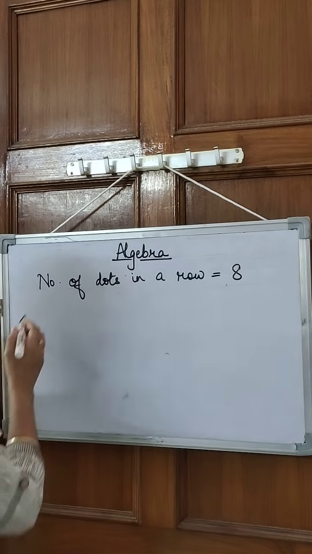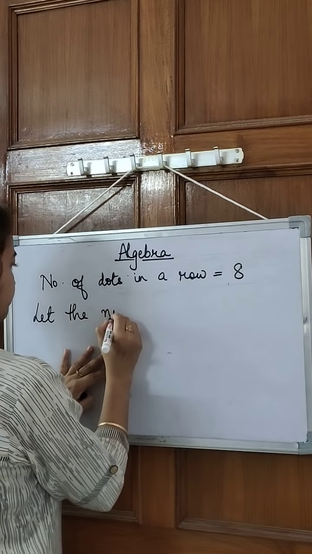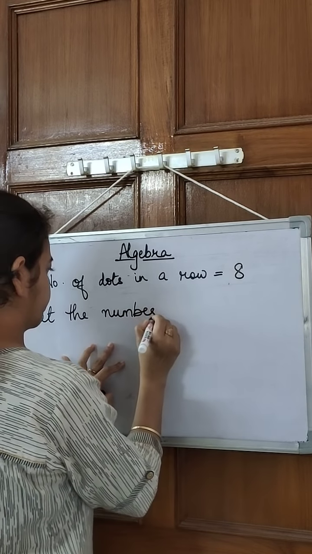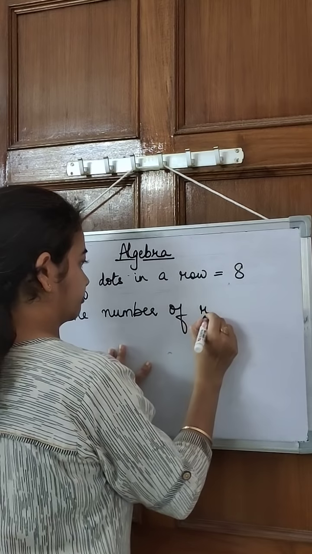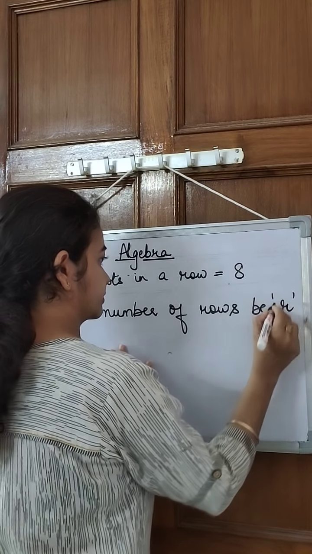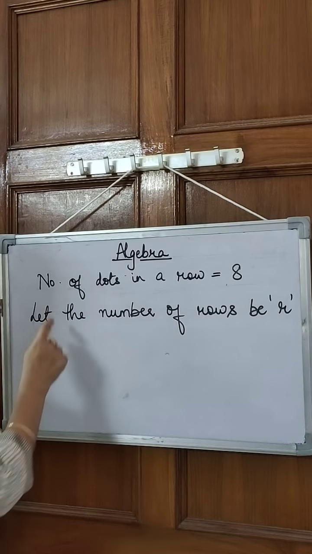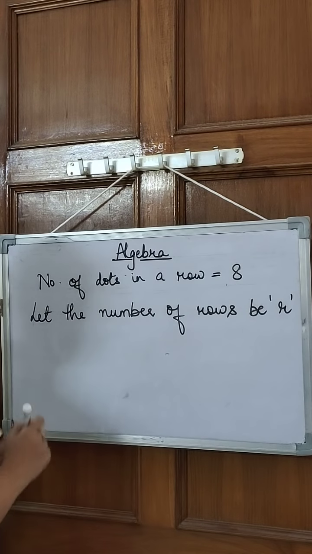Now we have to represent the number of dots in R rows.